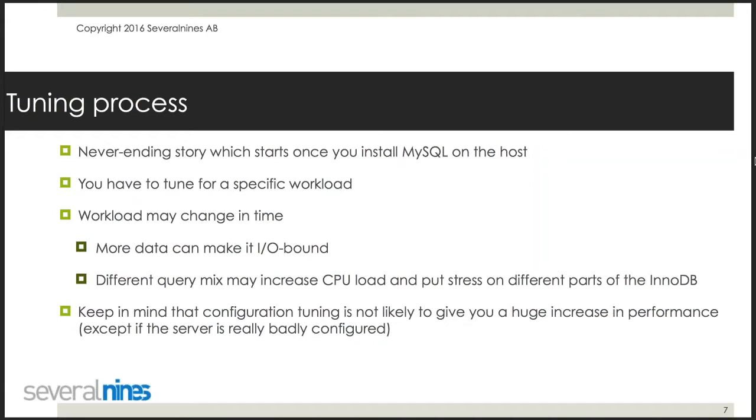It does not fit in memory anymore. And then your workload switches to more IO bound workload. In this case, your focus switches to some maybe IO settings, which were not that important before. So this is basically trying to reach the goal, which is like catching up the horizon, more or less.